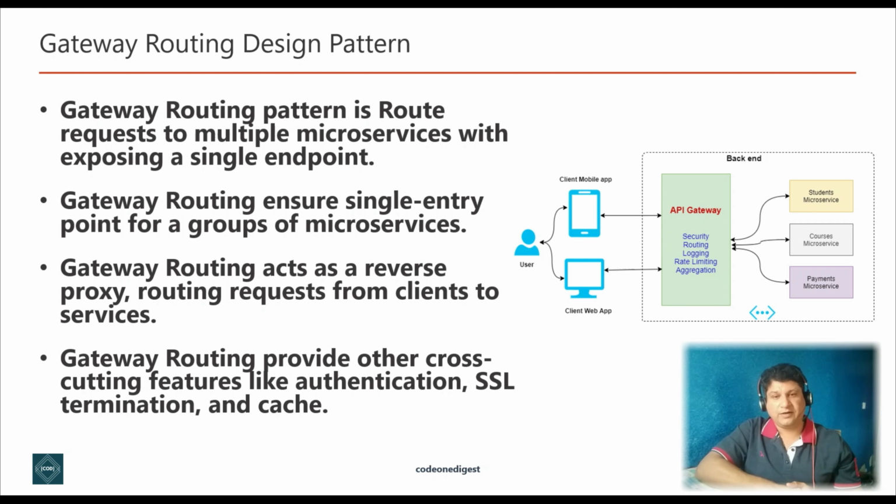Let's understand the problem first. When a client needs to consume multiple services, multiple service instances, or a combination of both, the client must be updated when services are added or removed. For example, an e-commerce application might provide services such as search, reviews, cart, checkout, and order history. Each service has a different API that the client must interact with, and the client must know about each endpoint in order to connect to those services.